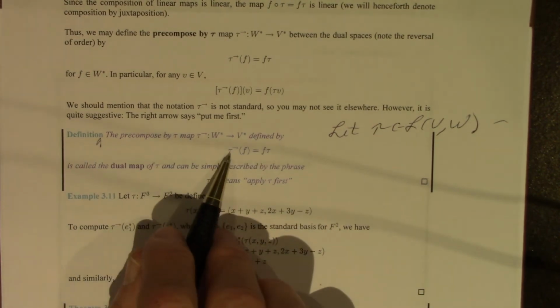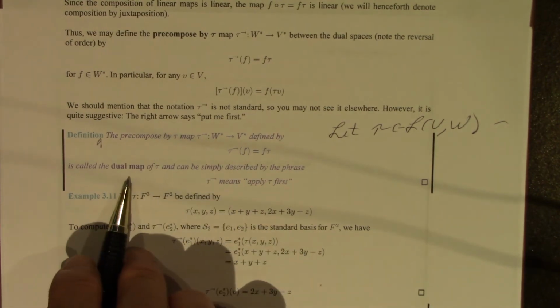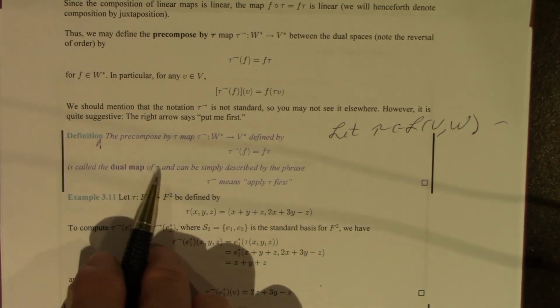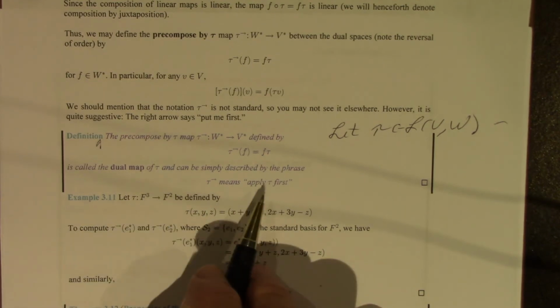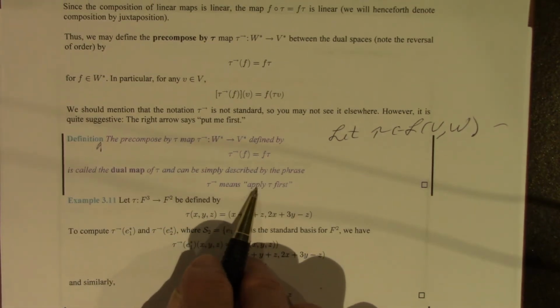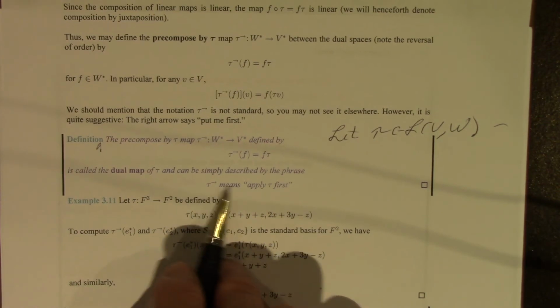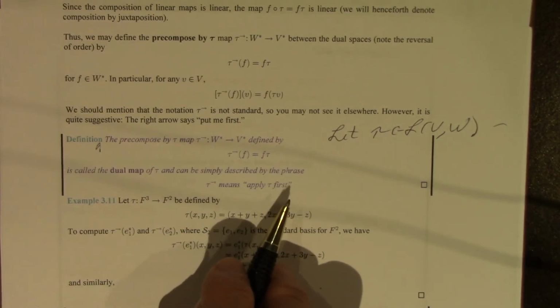And tau arrow is called the dual map of tau. And the thing to remember is tau arrow means apply tau first.